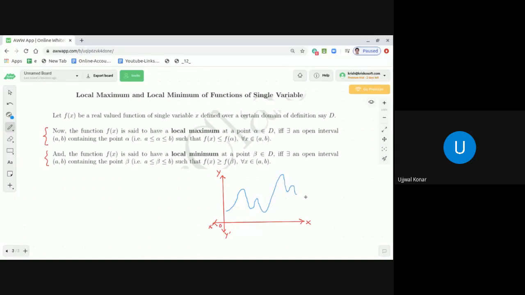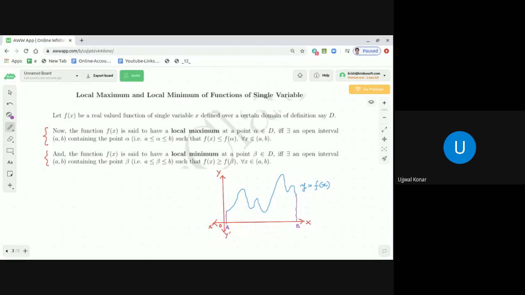Suppose this is the function. What is the function, dear students? This function is y equal to f(x). And if you see its domain of definition, the domain of definition is starting from this point here to this point here. That means if we assume this entire set, suppose we say this is capital A and this is capital B, then the closed interval from A to B is called the domain of definition.